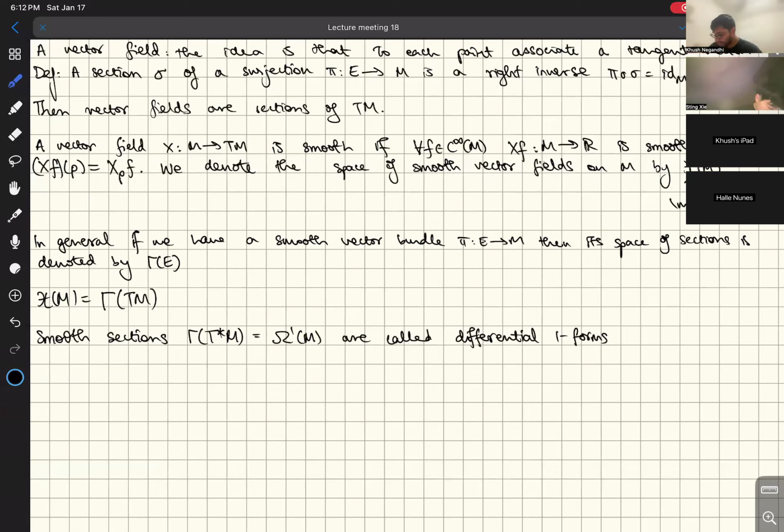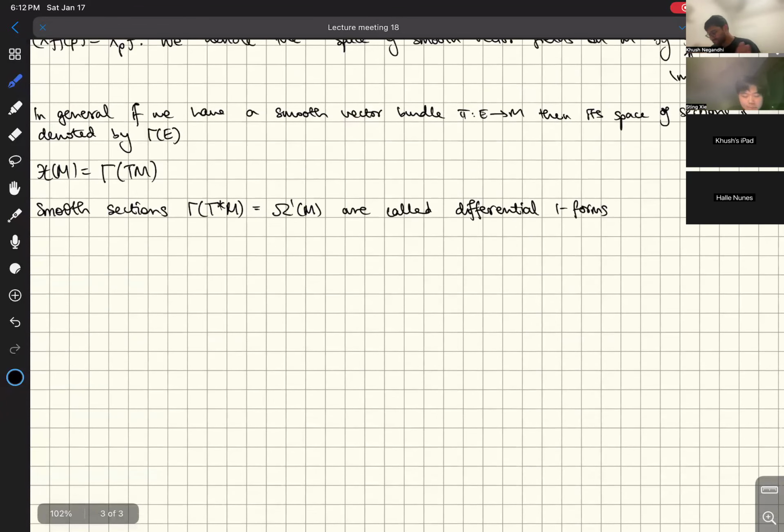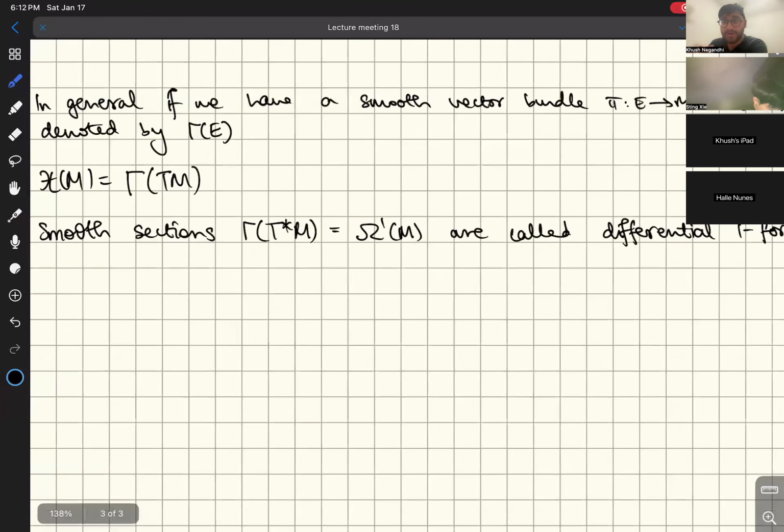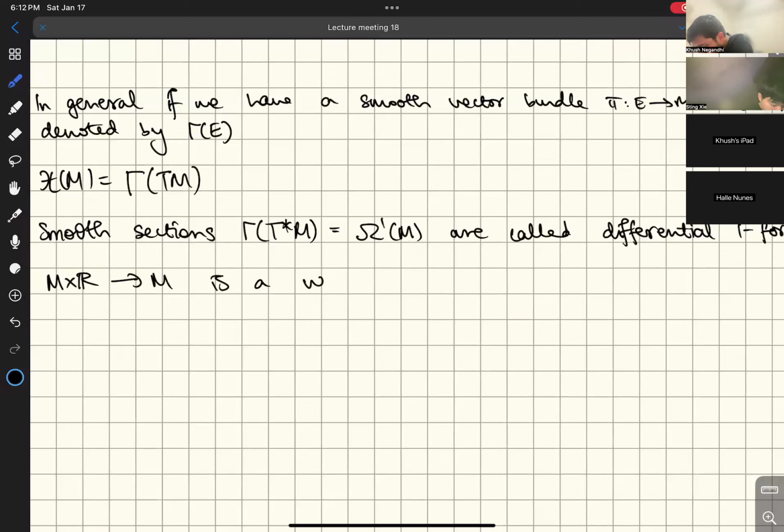Now, just to be pedantic, I want to mention something. M cross R into M is a vector bundle, and so it has a space of sections.